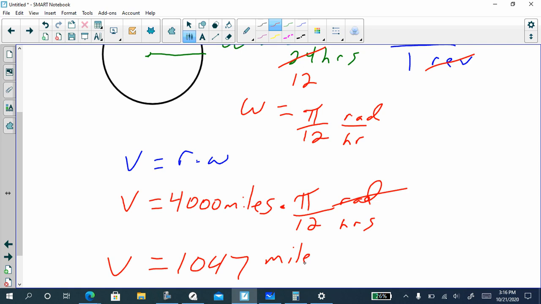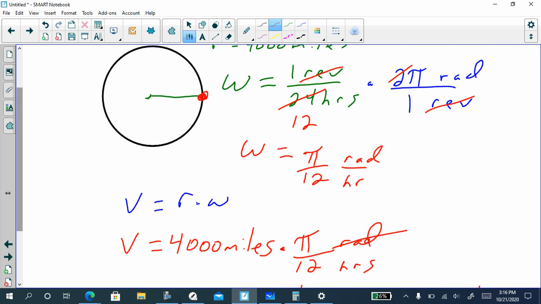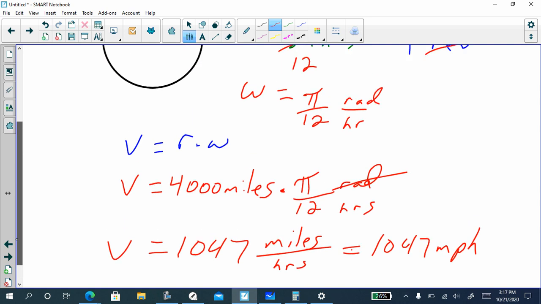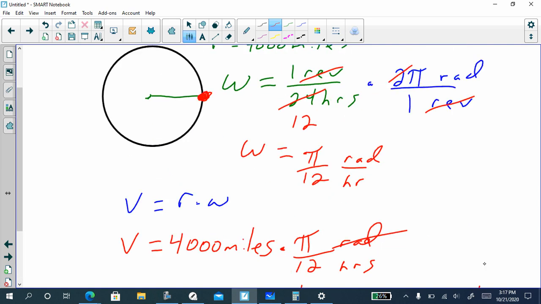That's miles over hours, also known as MPH, miles per hour. So if you're on the equator and the Earth has a radius of 4,000 miles, then this is roughly what your linear velocity is. Now, we don't feel that because of the atmosphere and so forth, but that's roughly how fast you're moving, just accounting for the rotation of the Earth.